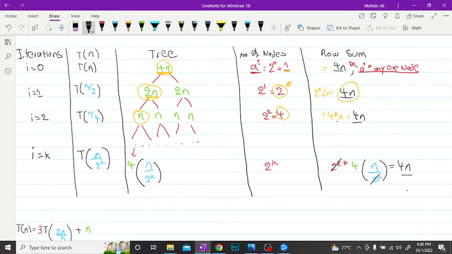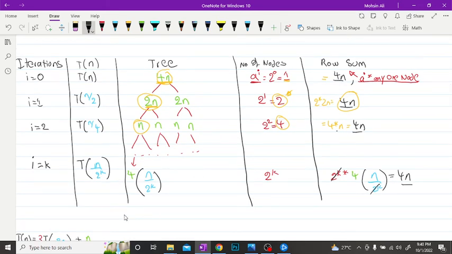Now, how to solve this recursive question? When we reach the base case, that is when we reach T of 1, which is 1, this n by 2^k is going to be converging to 1, and we can write that n is then going to be 2 to the power k, which is then going to be log of n base 2 equals k.